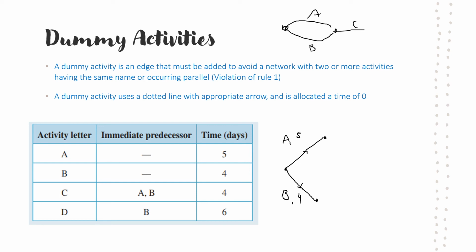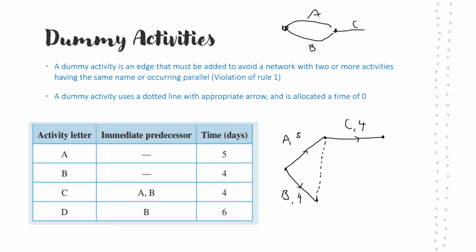All right, so what we do is, because C is an immediate predecessor of both of these, we are going to write C just coming off either of them. It doesn't really matter which one. I'm just going to say it's coming off A. All right, so what I need to do is connect this vertex that's coming off B up to the top there so that it can still be a predecessor for C. So what we do is we add in a dummy activity like this.